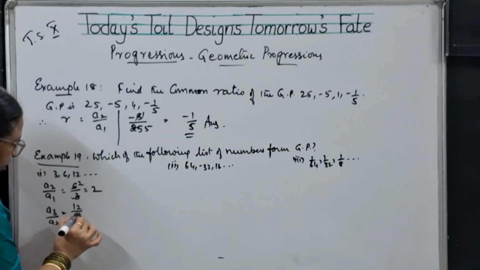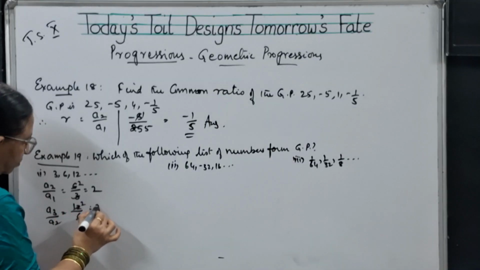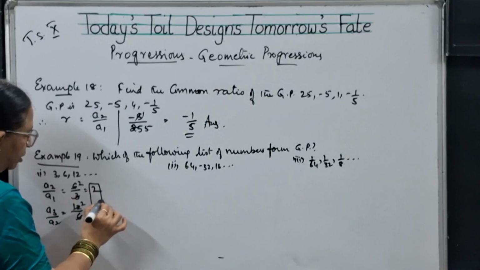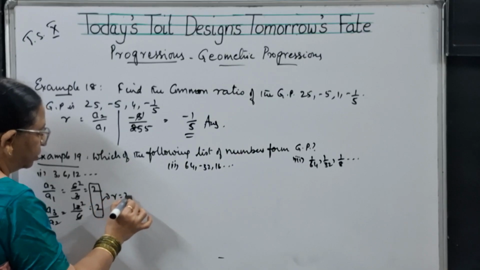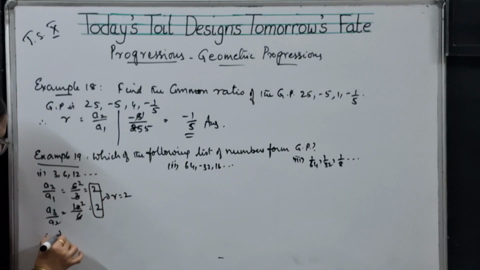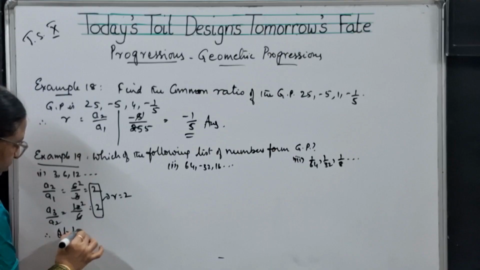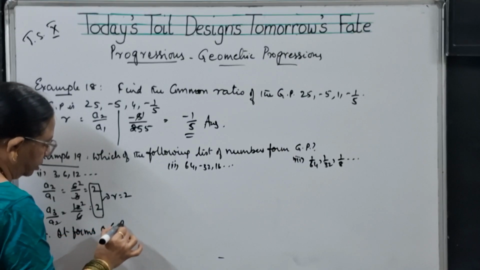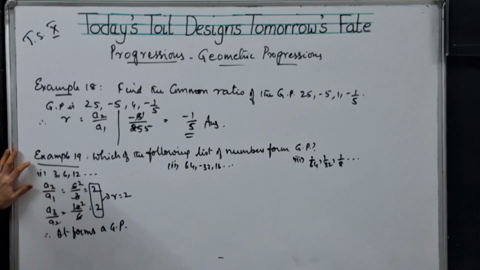That is 12 by 6. 6 ones are 6, 6 twos are 12. I have got 2. So I have got the same common ratio. R is equal to 2. Therefore, it forms a GP.